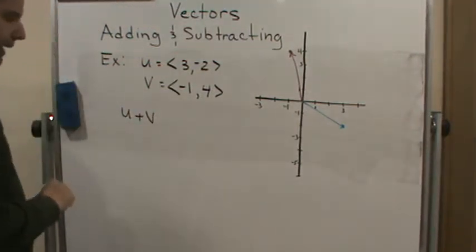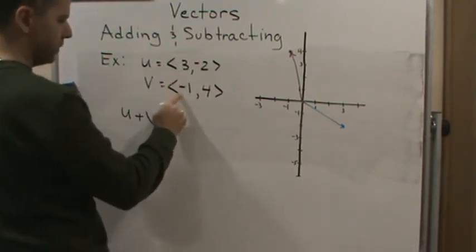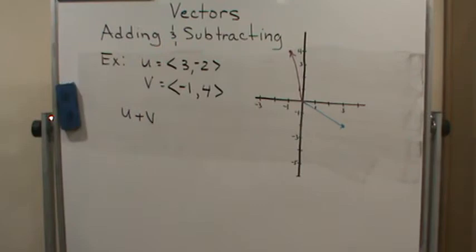Okay, so if I want to add these vectors, well, both of these are in standard position. And so the way we do it is we add them component-wise. Okay?